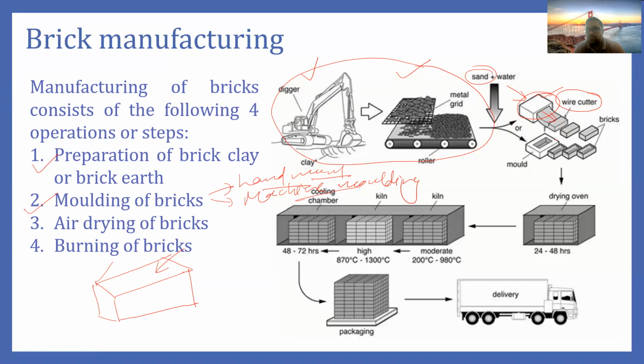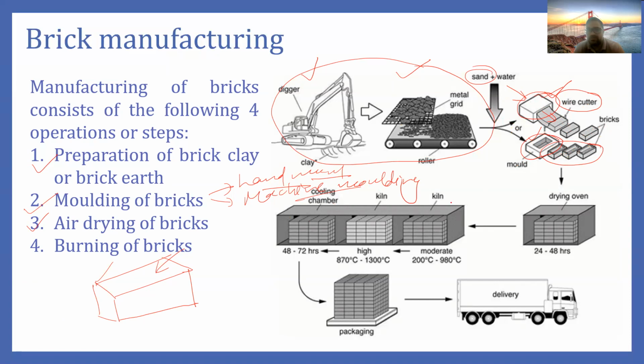Also, you can see this is the hand mold, which is used for preparing bricks with hand molding. So this is the machine molding and this is the hand molding. That is the second step. Then in the third step, once we prepare these bricks, we keep them to dry.